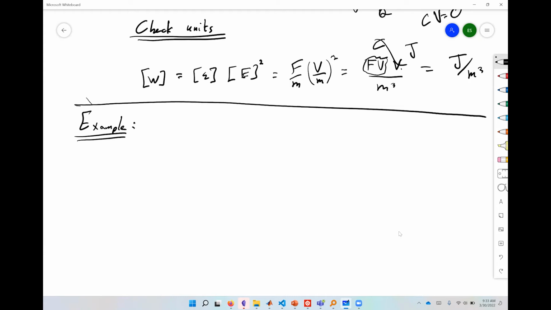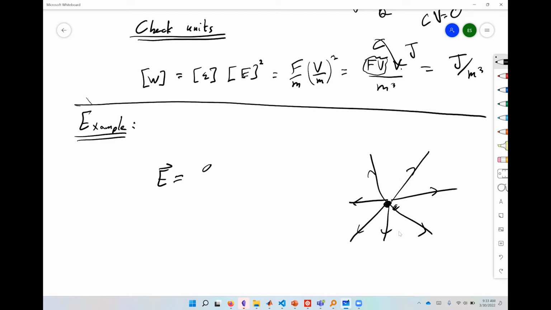The thing is, point charges are not practical systems. The reason is that you will discover, if you take a point charge, what is E for a point charge? Let's take it in spherical coordinates. E for a point charge is Q over 4 pi epsilon naught r squared r hat.